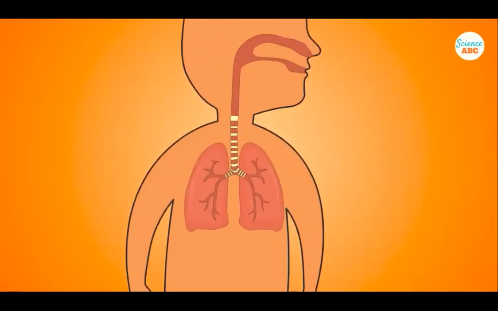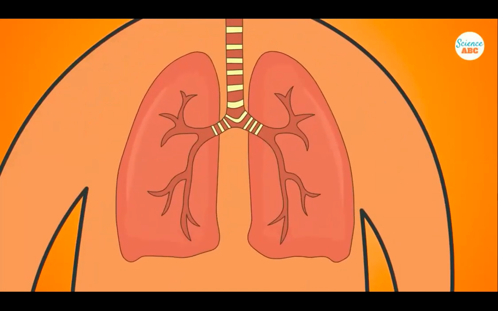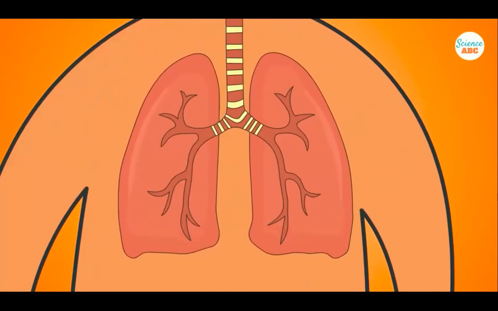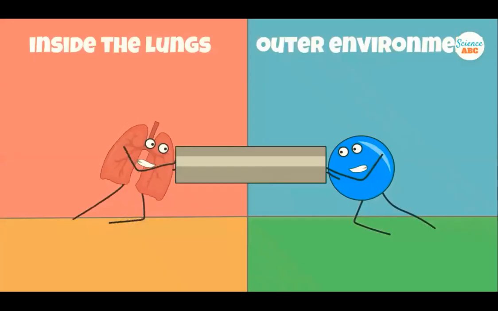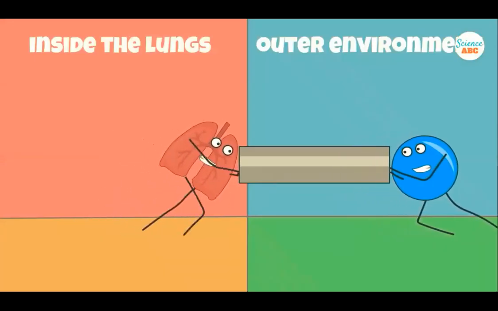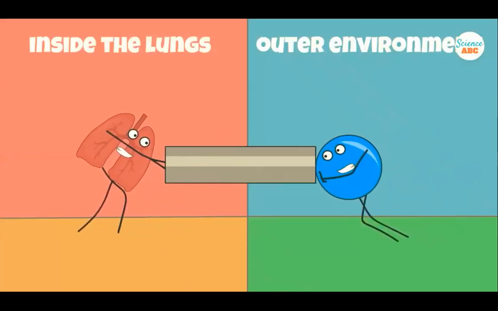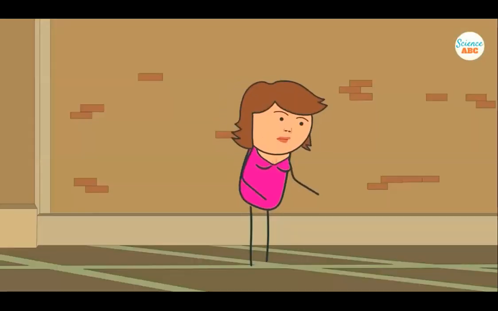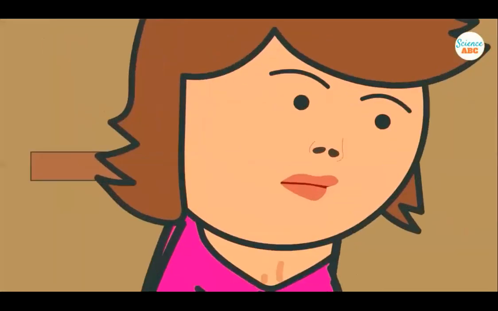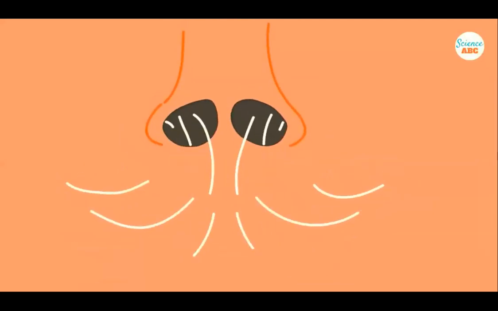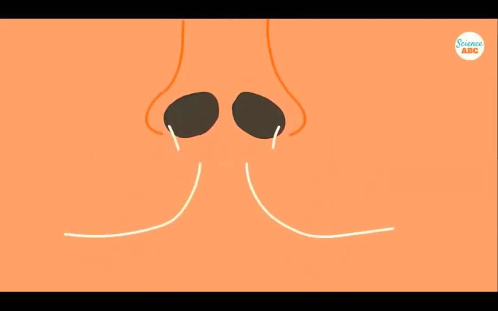To breathe in, we expand our lungs. This causes the pressure inside the lungs to be lower than the pressure of the atmosphere. Naturally, air will flow from an area of higher pressure to an area of lower pressure, meaning that the air from outside will make its way into the lungs. The air will enter through the nose, the main opening of the respiratory system.